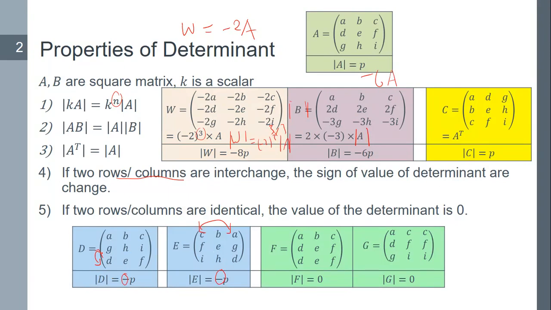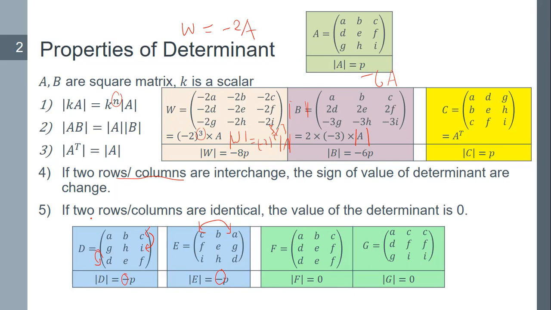If row 1 is interchanged with row 2, the sign changes again. It depends on how many times you interchange: one interchange gives a different sign, and one more changes the sign again.